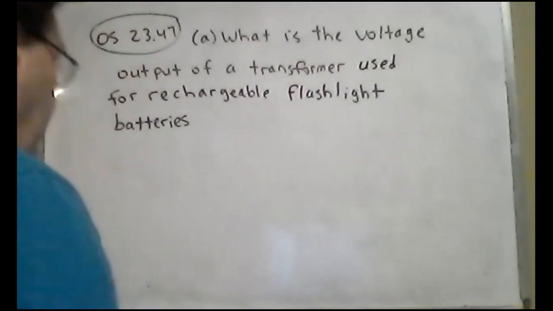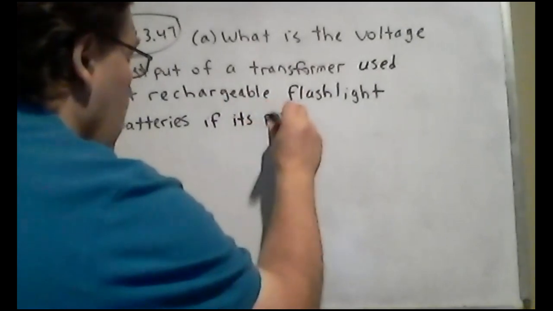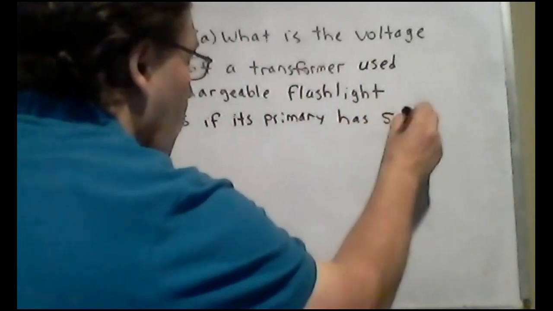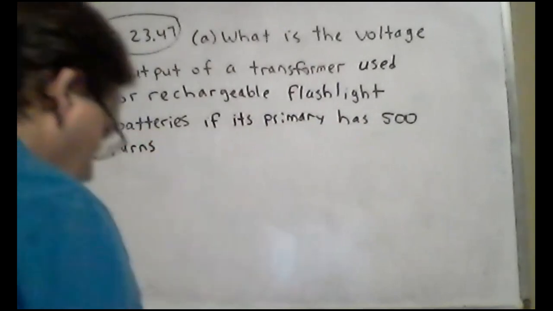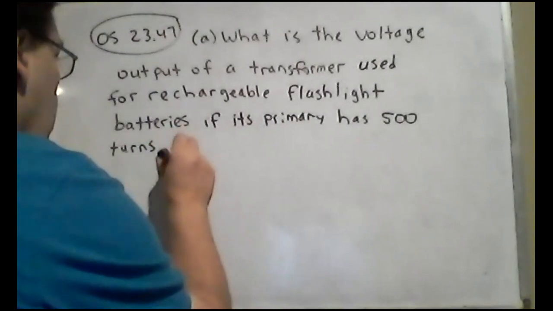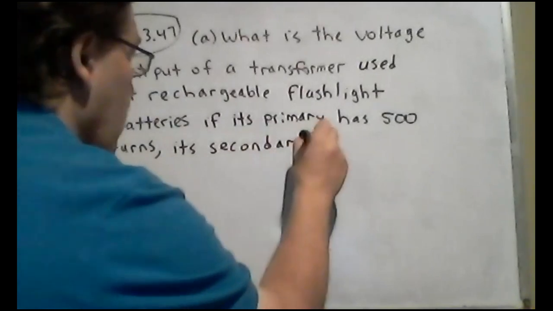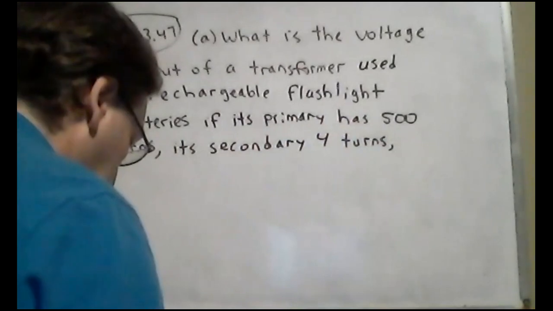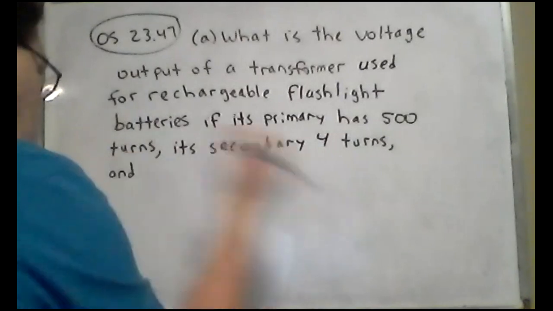If its primary has 500 turns, its secondary 4 turns, and the input voltage is 120 volts, like again, coming out of the wall.